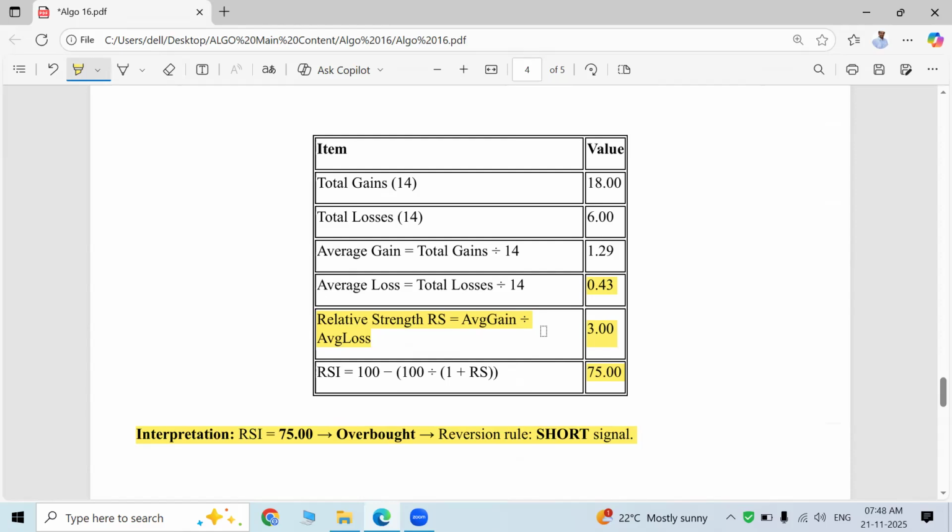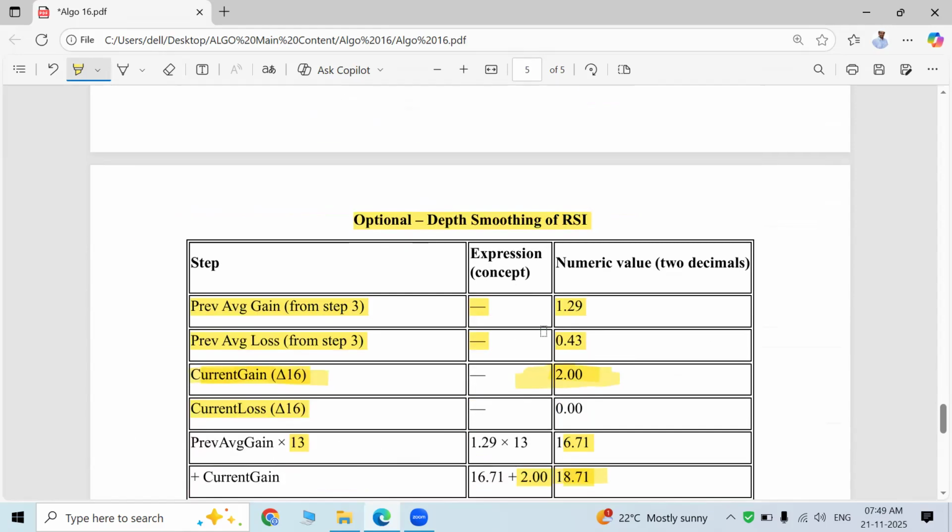So with the logic of the 70-30 rule, the 75 reading is basically a short signal, and the asset might come down.